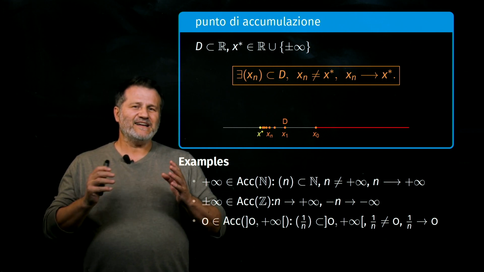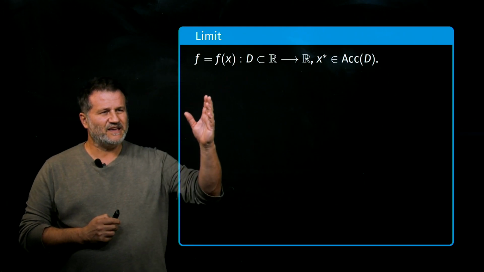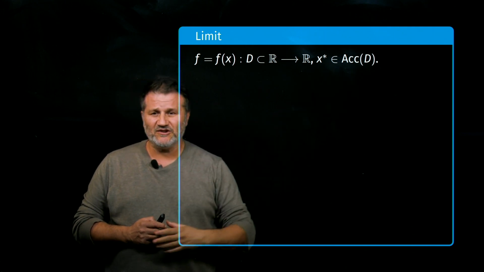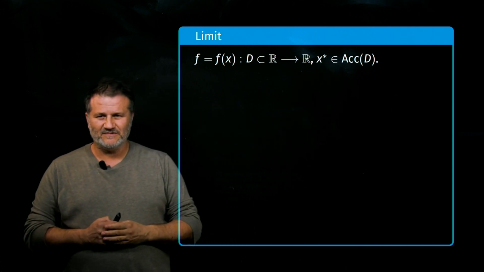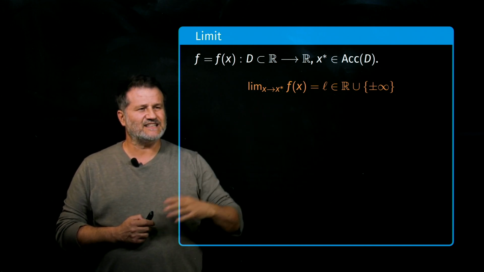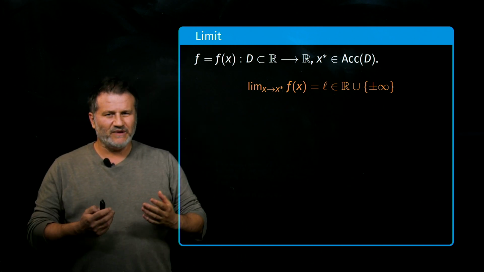Great! We are now ready for the definition of limit. So let f be a function defined on some domain D of the real line, and x star be an accumulation point for the domain D. We say that the limit of the function f of x as x goes to x star is equal to L, finite or infinite, if the following holds.